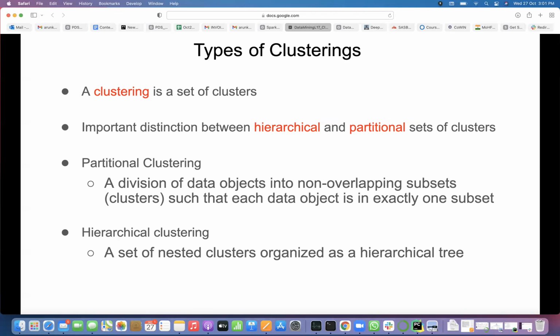The first year belongs to the students, and the second year also belongs to the students. So a set of nested clusters means it's a super cluster like that, and you go up. It is organized as a hierarchical tree.